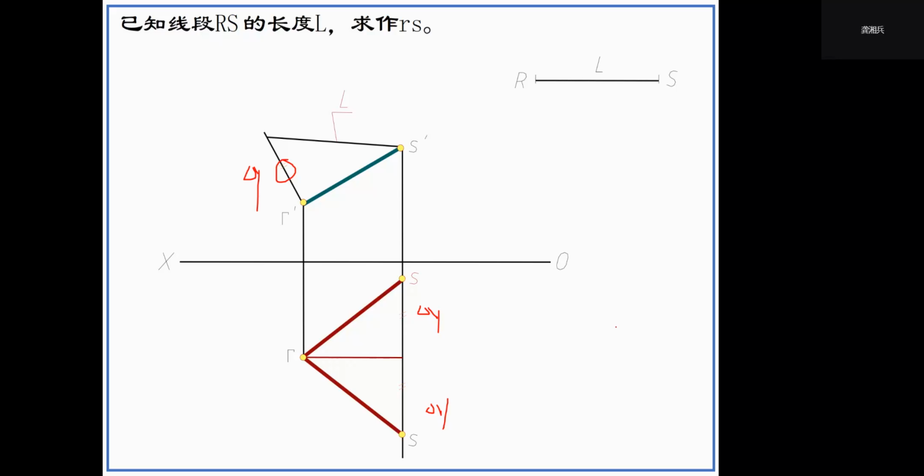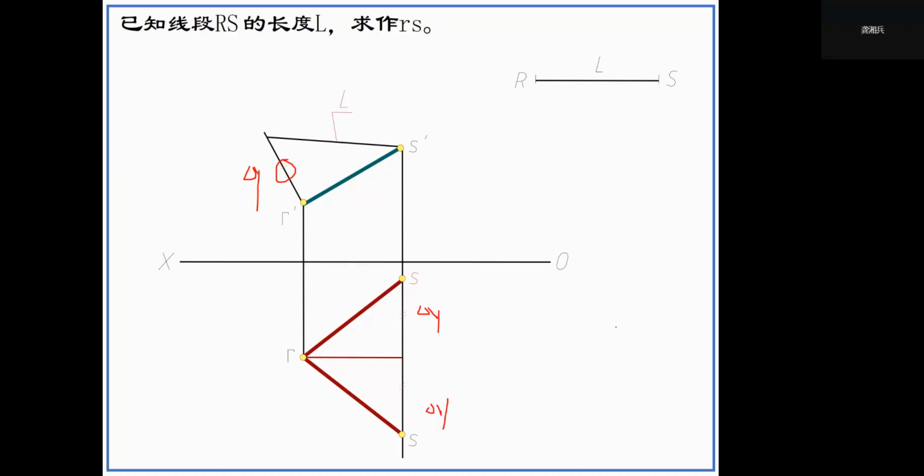This question tells you that if you are given any two kinds of information, maybe the true length, you can get delta y and beta. Also, you can construct the projection. There are four characteristics: angle, true length, projection on V, and coordinate difference.